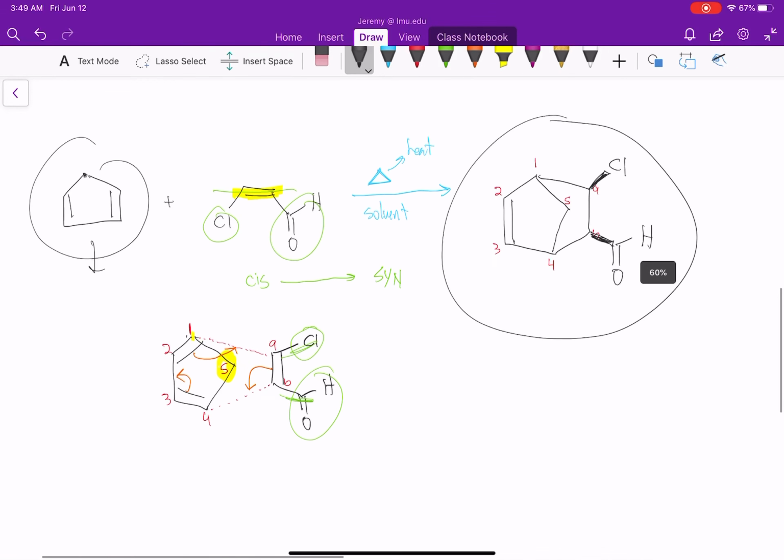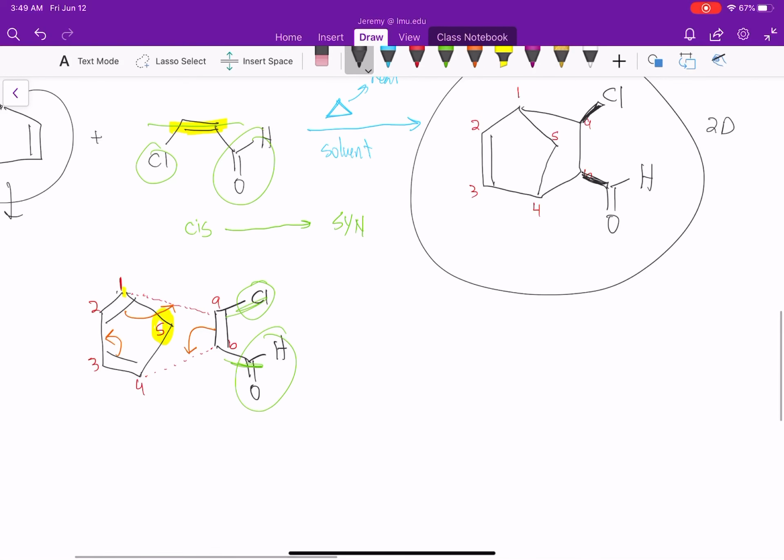So here I've drawn this molecule. This is my 2D drawing. This is a bicyclo compound. So I'm now going to draw what this looks like in 3D. This is the 3D representation. I'm showing my Cl and my aldehyde up on the same side.